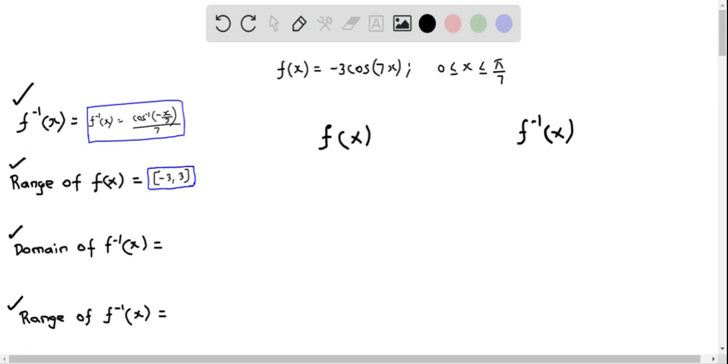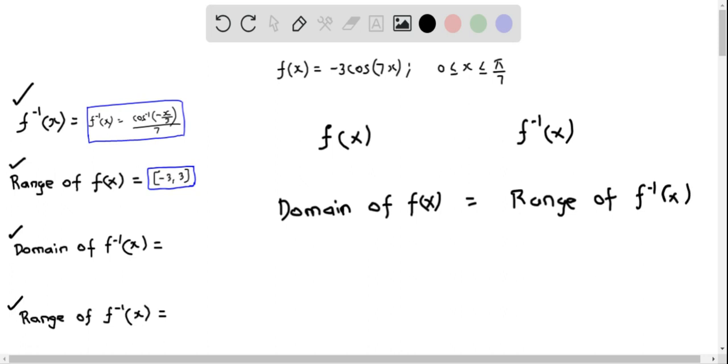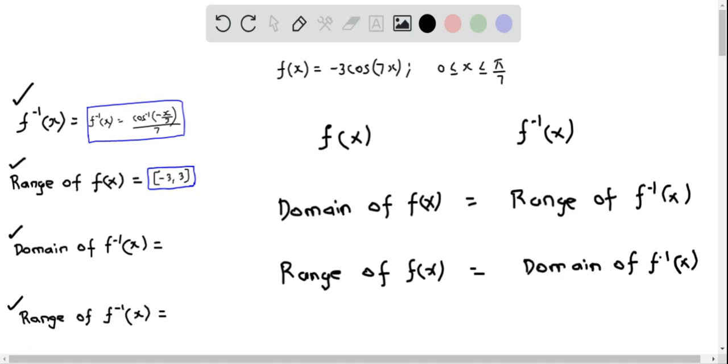Then according to the properties, the domain of f of x equals the range of f inverse of x, and also the range of f of x equals the domain of f inverse of x.